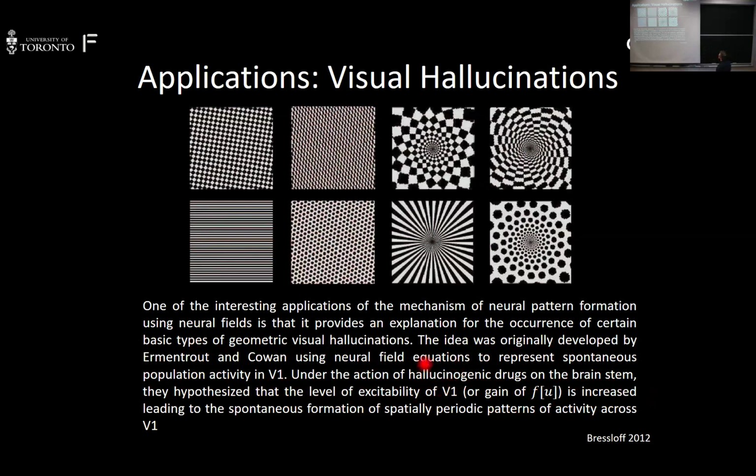I have some hallucinogenic drugs, for example. We have some kind of activity level that's being modified by some ideally transient change in the visual system or another brain system. So we can parameterize that in terms of something like the gain function, the activation function in our neural field.